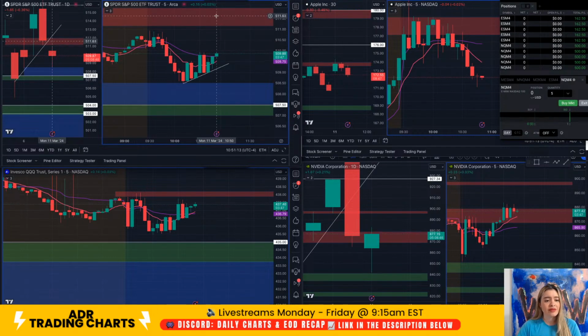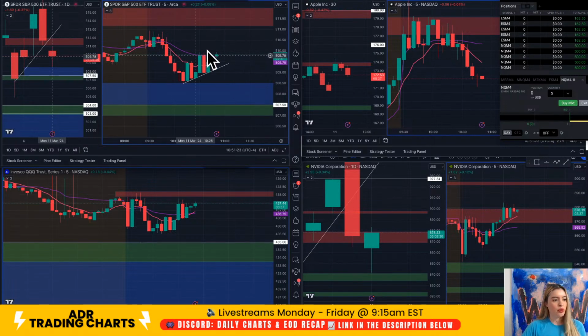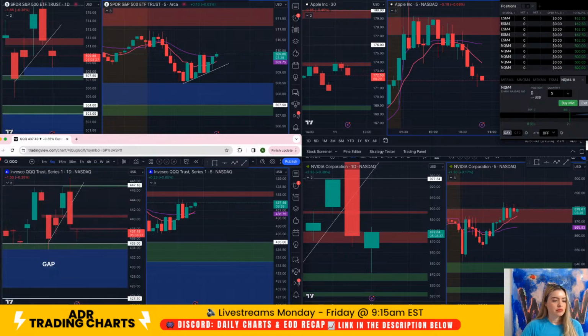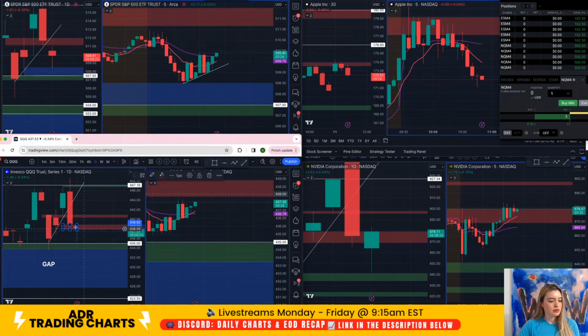And it has a gap below, and the support is 507.50 or 507. So it's in the middle of nowhere here, SPY. And the Q is also moving in a very tight range. No continuation to either side.